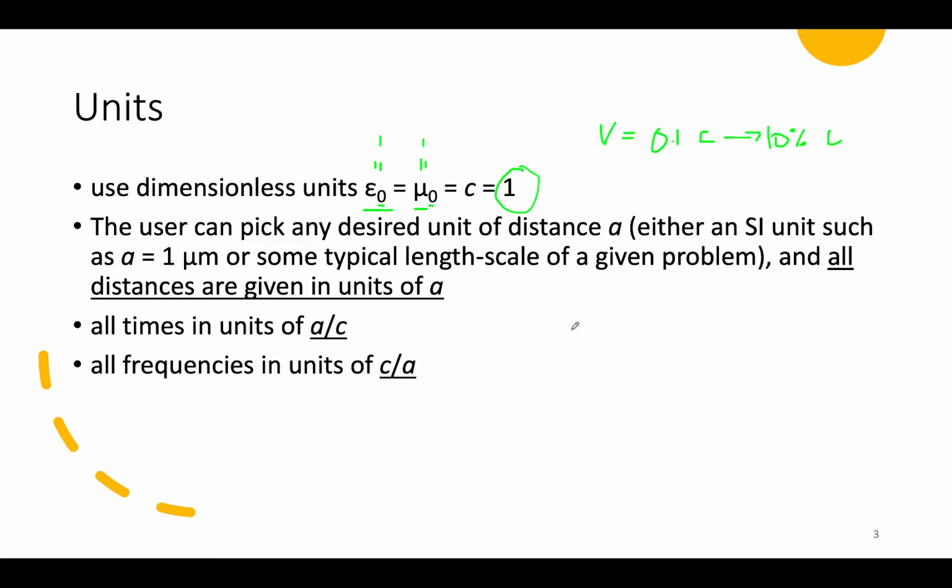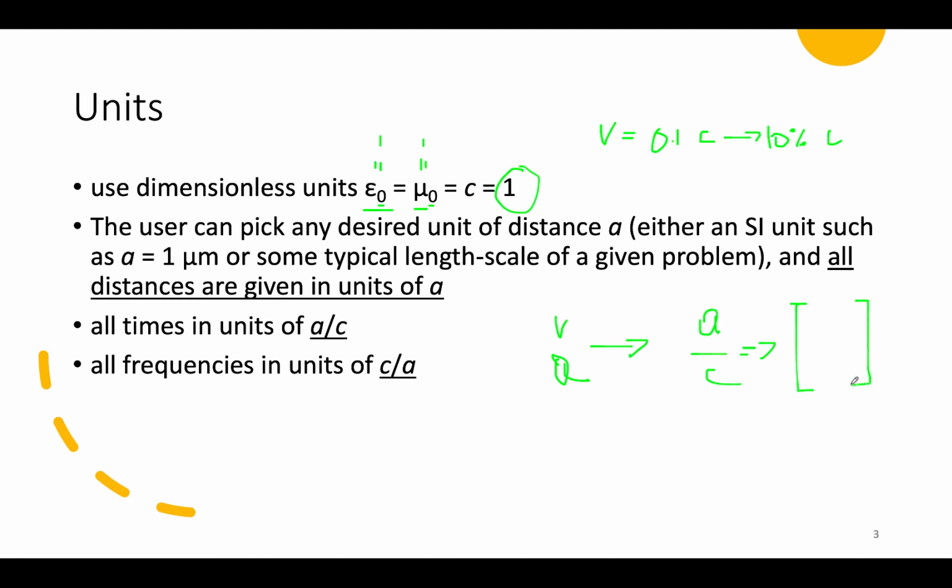So once we define the units for velocity, we know that we normalize over c, and then we know a. So once we define the quantities for the velocity and the space, we can calculate what the units are for time. So the unit will be a over c, and dimensionally, this is going to be a time, right?